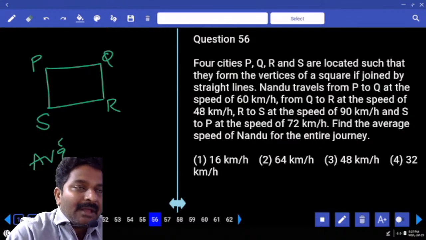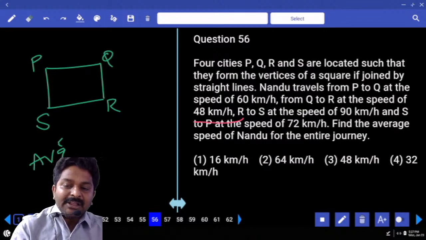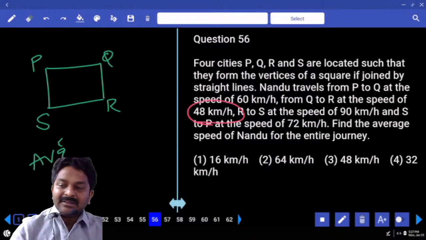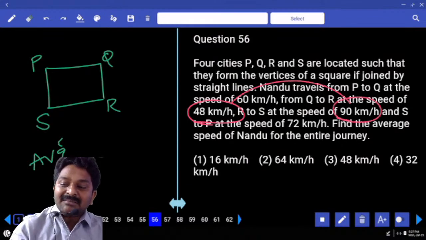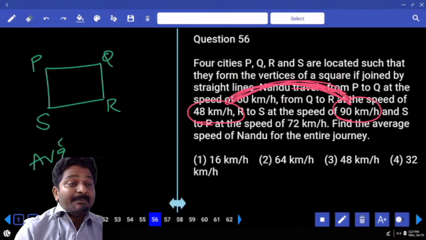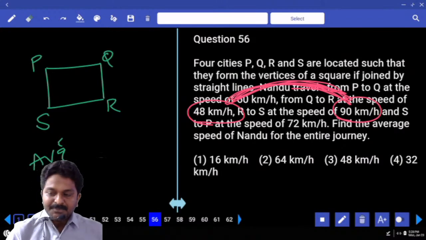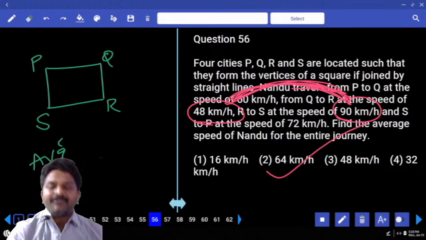Correct? How many numbers are given here? 4. Out of 4 numbers, what is least? 48. And what is highest? 90. So your answer must be in between these two numbers only, more than 48 and less than 90. Yes. Look at your options. 64, final answer. Done.